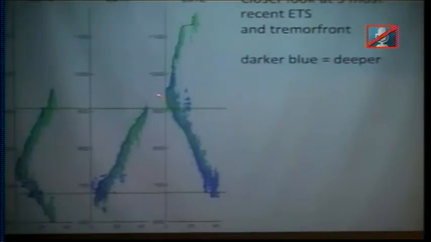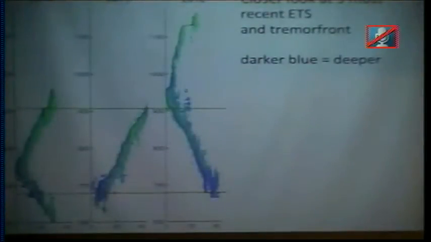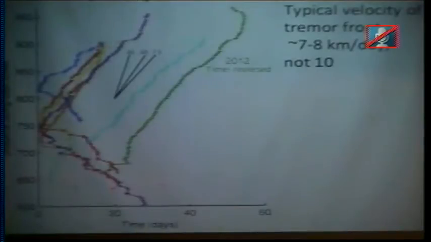So in 2012, it initiated shallow and propagated a little deeper, and then propagated along strike, and it passed through this region of our area of study going south instead of north. But that doesn't matter for me because I'm going to lump together all the tremors near that black line within a day and a half of the black line, and all the tremors after that. So I'm going to group all the tremors relative to a tremor front.